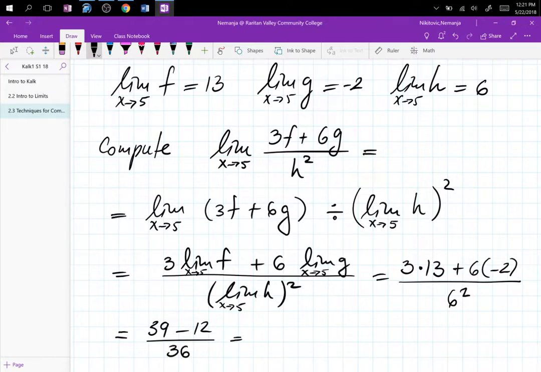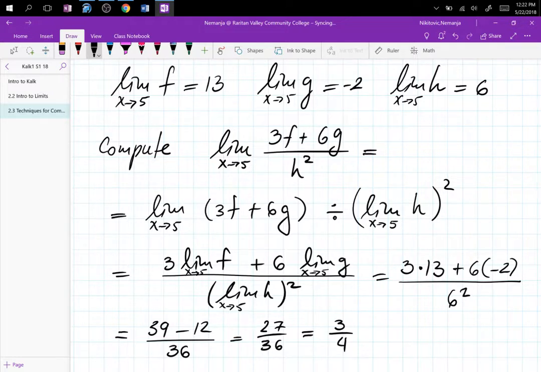So this is 27 divided by 36, cancelled by 3, we get 9 twelfths. Oh wait, cancelled by 9, so 3/4. We didn't even know what the functions were, and we got the limit at the end. The limit is 3/4.